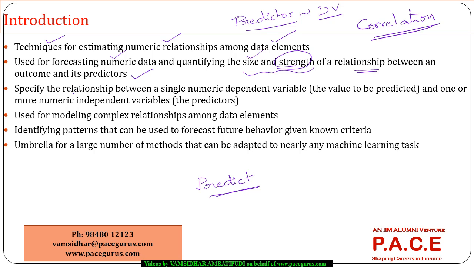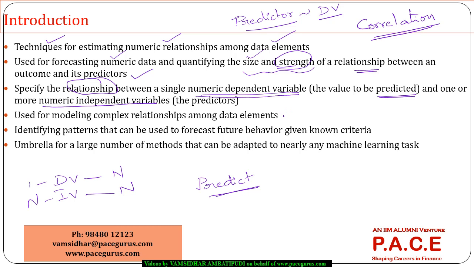To simplify the whole process, it is defining the relationship between a numerical dependent variable, which is what we would be predicting, and one or more numeric independent variables. So the dependent variable needs to be numeric, and the n independent or predictor variables also need to be numeric.